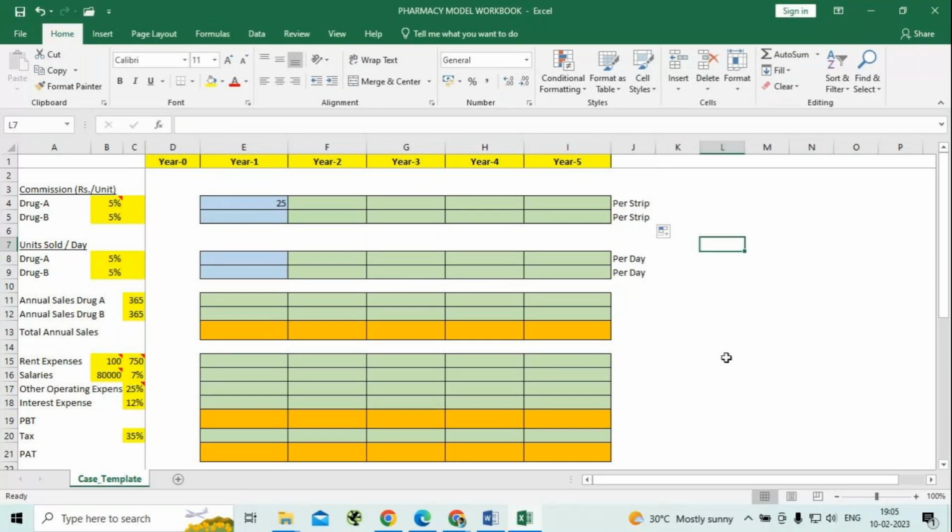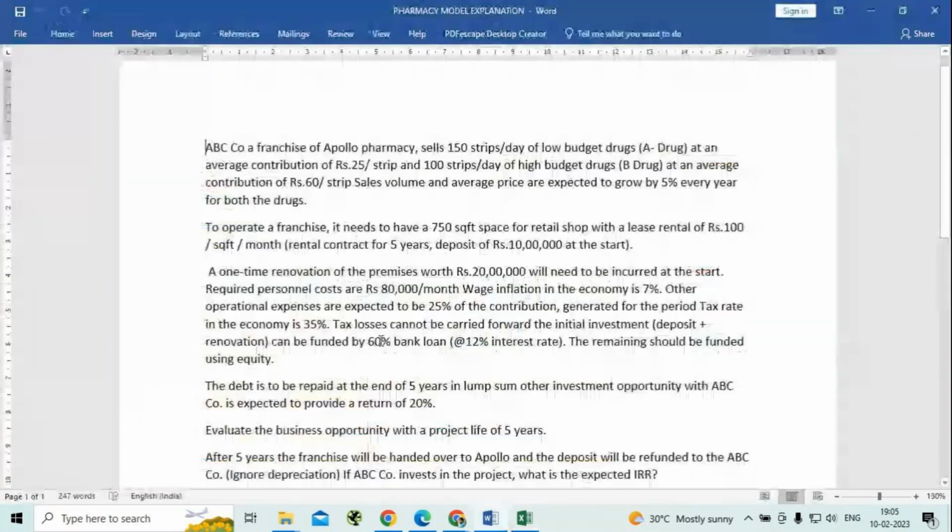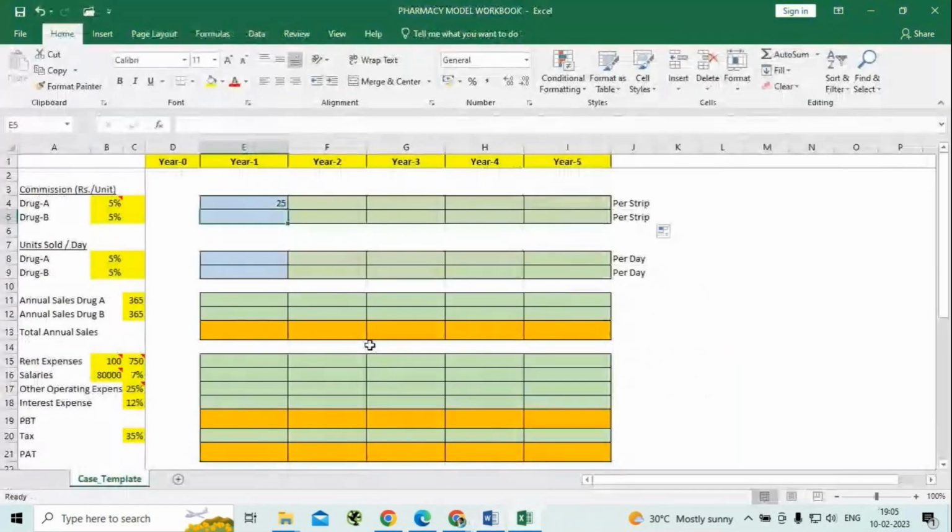With drug B, we collect a commission of rupees 60, and the volume we are expected to sell for one day is 150 and 100. So these are the things that will happen in the first year.